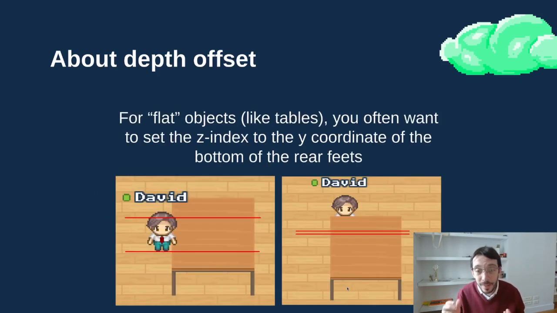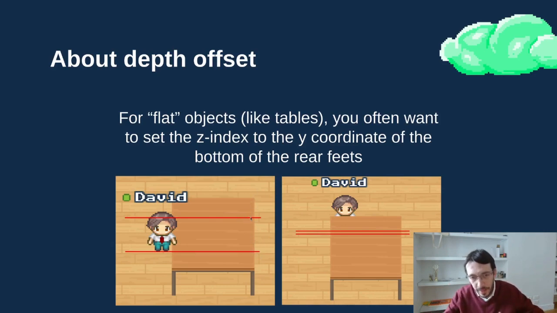And so what we need to do is set the z-index to y-coordinates that are a bit different. And the good default for that, I think, is basically setting the z-index to the real feet of the table.